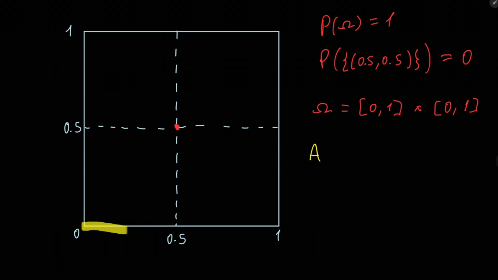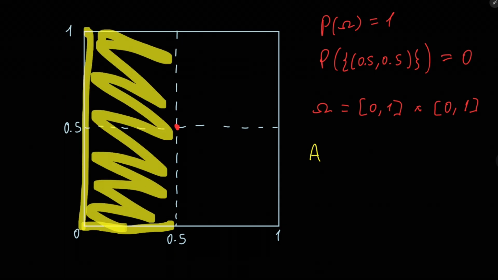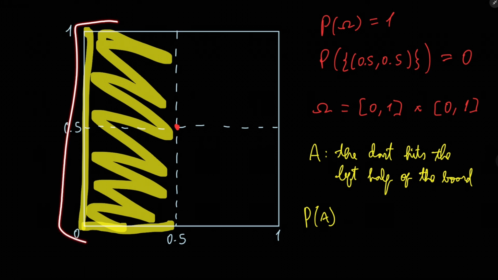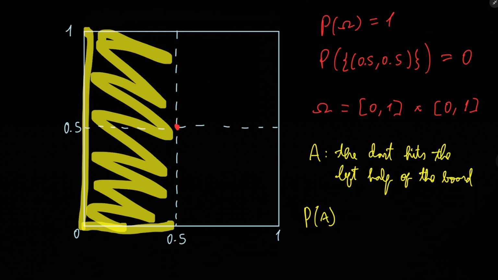That's the region from 0 to 0.5 and from 0 to 1. So this entire area. Let's write it down. The dart hits the left half of the board. What is the probability of A? It is the area of the event divided by the area of the entire sample space, which in this case is easy to see that it's 1 over 2.